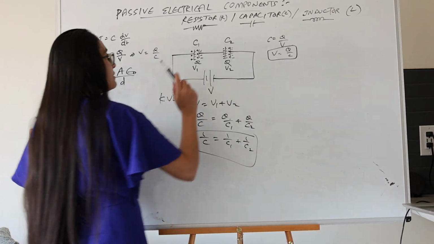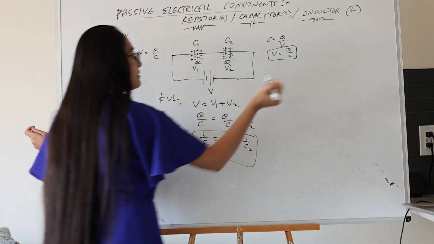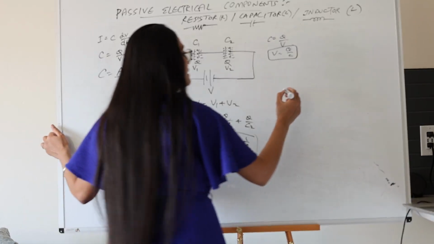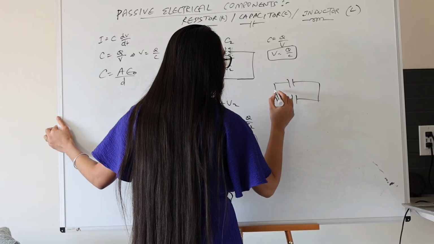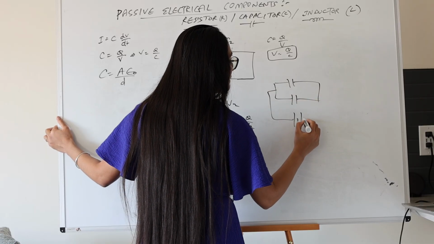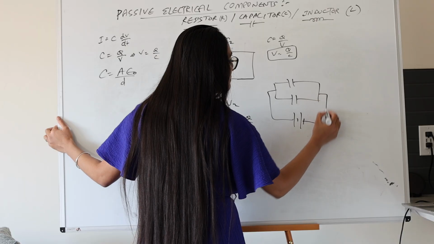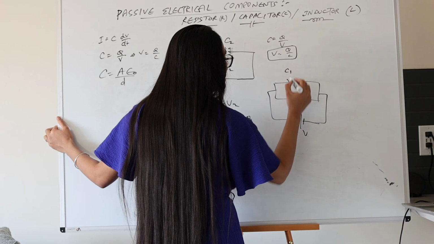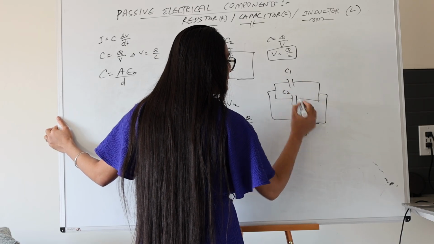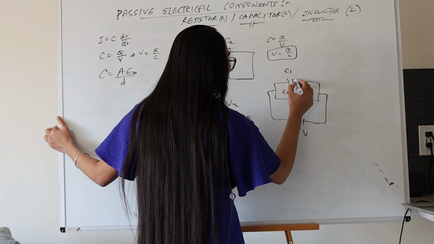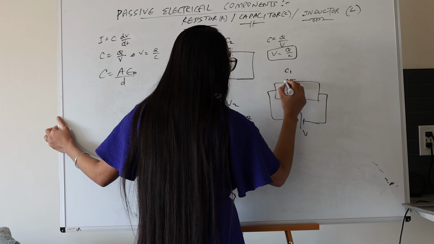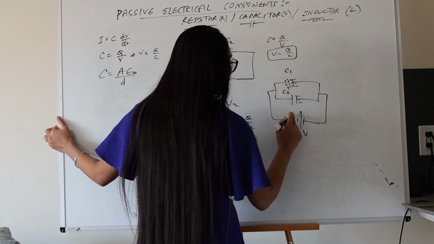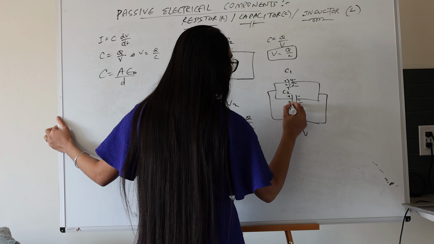So now let's move on to the other possibility, when the capacitors are connected in parallel. So we have capacitors connected in parallel, and then we have a voltage difference V applied. Again, this is C1, C2, with negative, negative, negative on that side, and positive, positive, positive on the other.